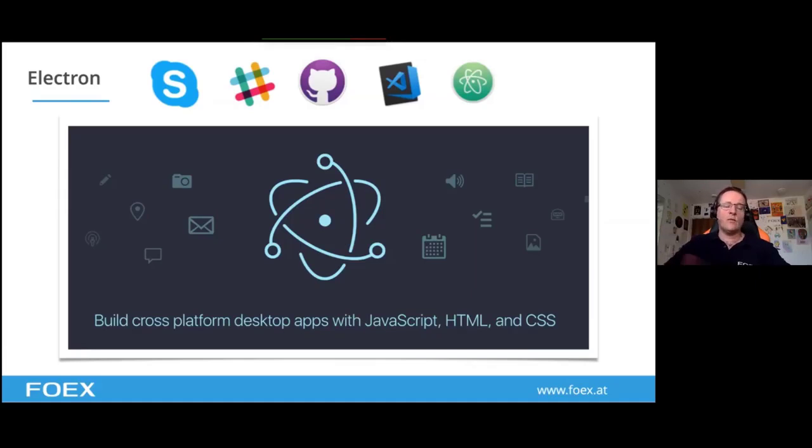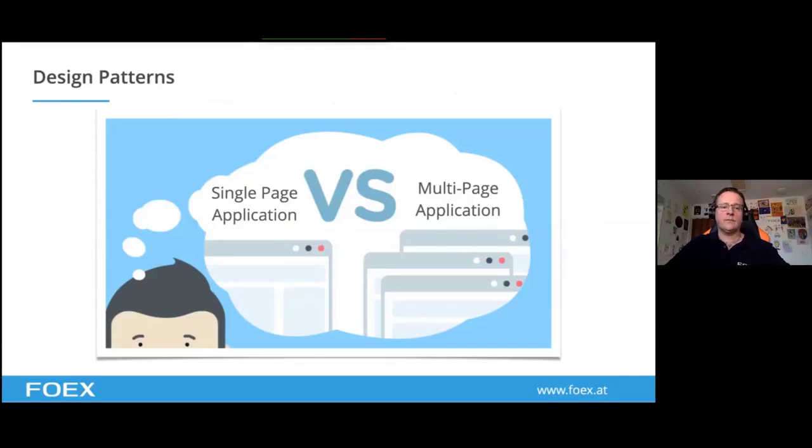For the desktop, we've got Electron, which does the same. So Visual Studio Code is actually a web application running on your desktop, if you're using it, and most developers do. It's just to say that with JavaScript, HTML, and CSS, you can actually eclipse the capabilities of desktop technologies. So it's very mature now.